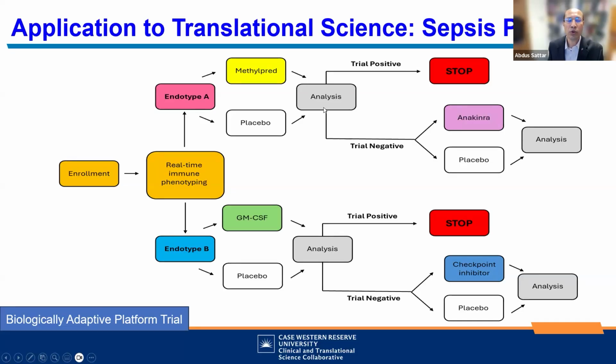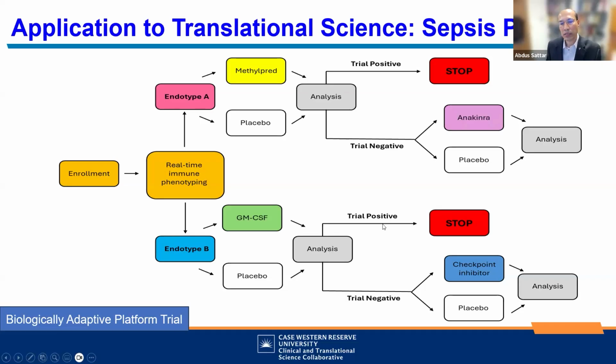And then we will do the interim analysis. After the interim analysis, if we find that the trial is positive, then we will stop immediately and recommend methylprednisolone for routine use. Same thing for those that are hypoinflammatory: we will study GM-CSF and placebo, and also do the interim analysis.